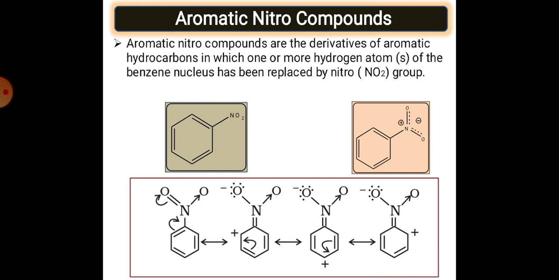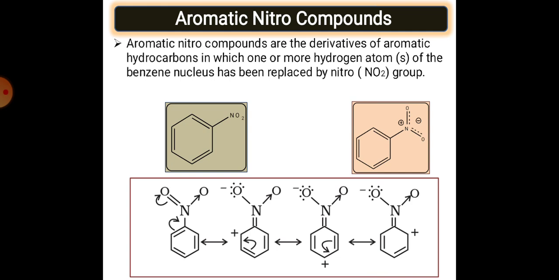Now, due to the abstraction of electron density toward the nitro group, the benzene shows a deficiency. Whenever nitro compounds are there, the benzene nucleus shows less electron density, so basically it imparts a positive character, just because of the nitro group.